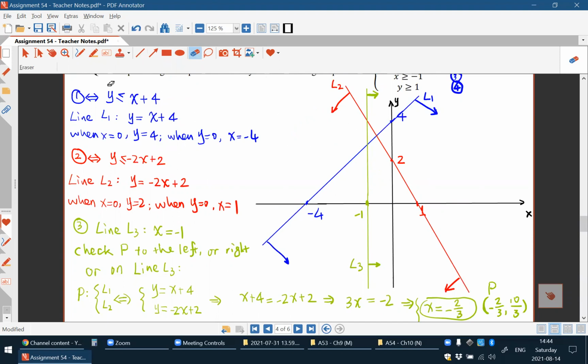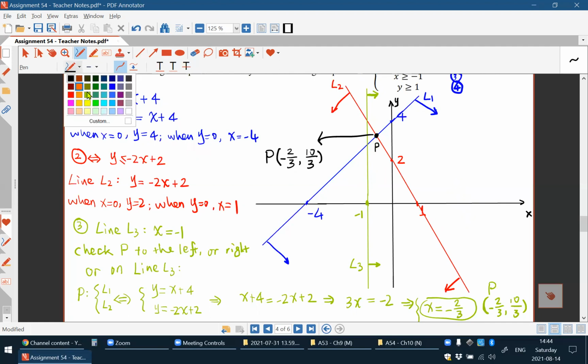Also, it's better to use another color. Let's say black. Okay, point P. The coordinate of point P is minus 2 over 3, 10 over 3. So 10 over 3 is about 3.3 something, right? Of course, it should be above line 4, right? Because line 4 is just y equals 1. 1 is here.